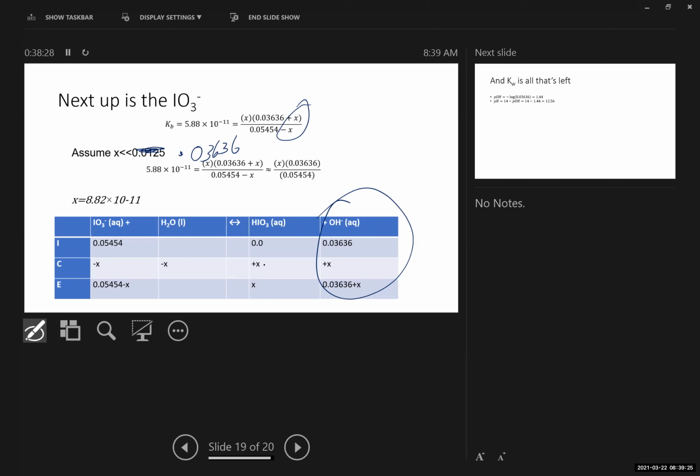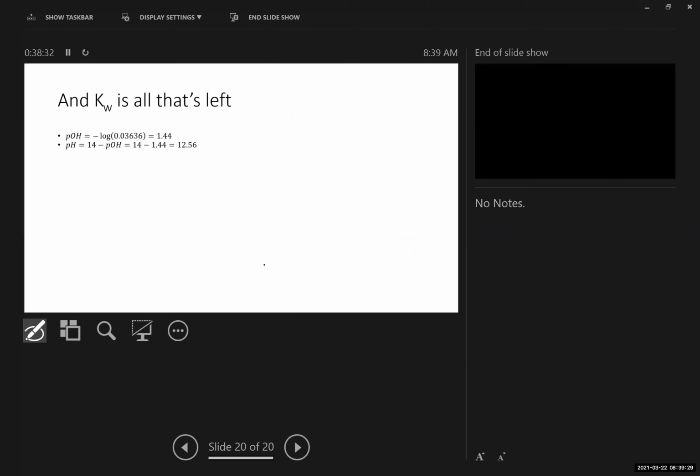So technically, I have to do that fourth reaction. Of course, I can also shorthand it since I know the solution to my KW at room temperature is pH plus pOH equals 14. But that is technically what happens when I solve the ICE chart for the KW reaction.